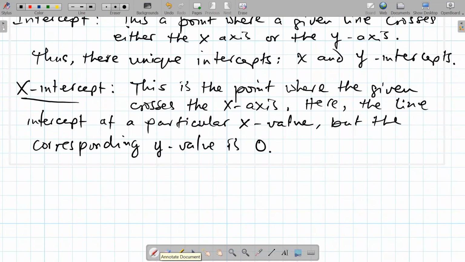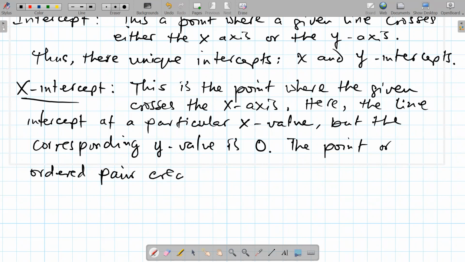And like all other points or other ordered pairs, we need to have an x value and a y value. Okay, so the point, or what we call the ordered pair, created is something like this.